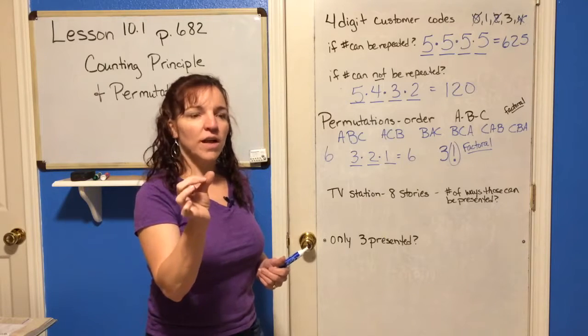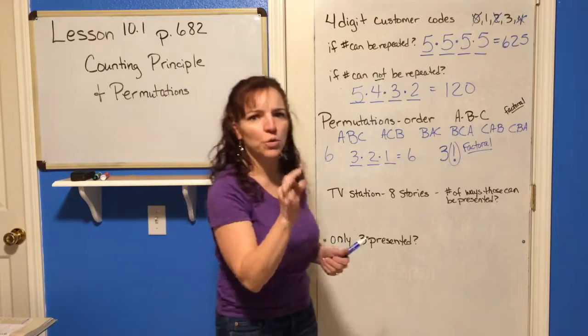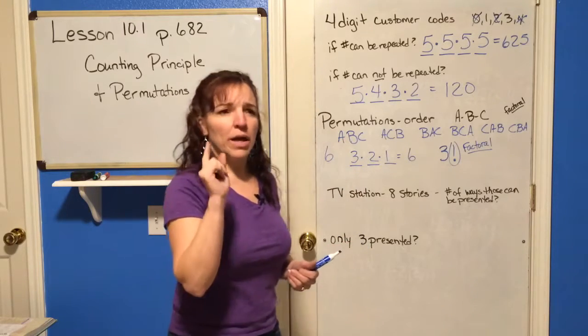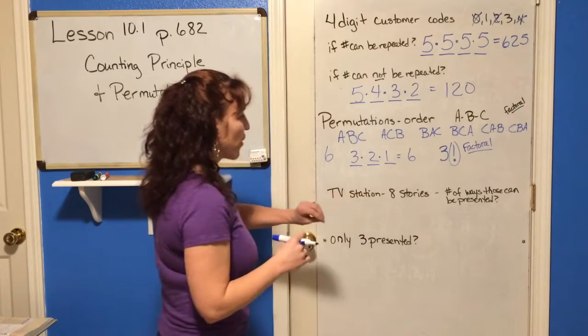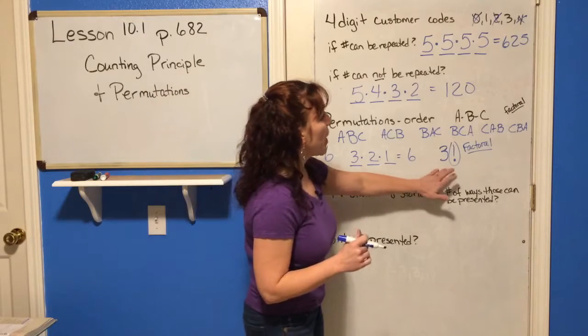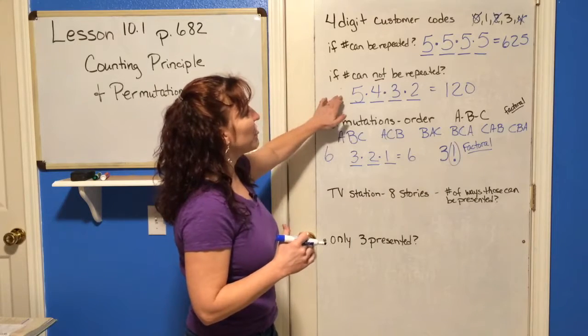I'm not sure, I'll have to check on the scientific calculators. I think it's the same order, but if it doesn't work right, then switch it and push the factorial button first and then your number. I think that in this case it's the same as with the other calculators. All right. So practice it with the 3 and see if you get 6. Practice it with this 5 factorial.